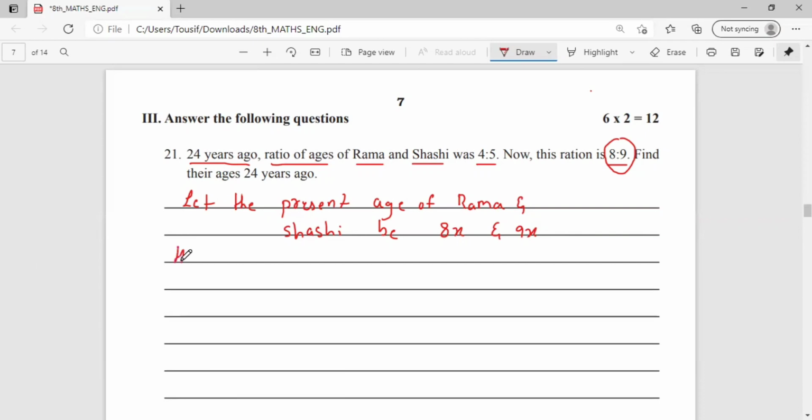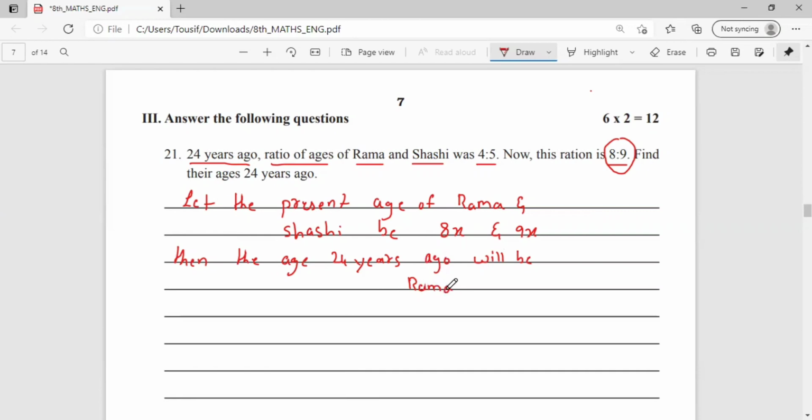Then the ages 24 years ago will be, first for Rama.